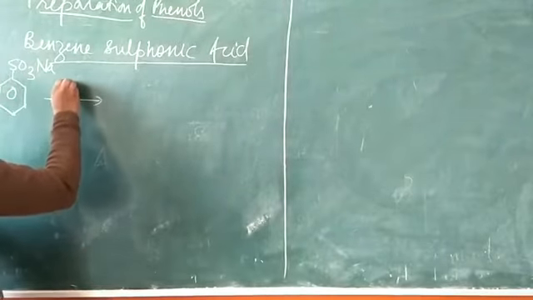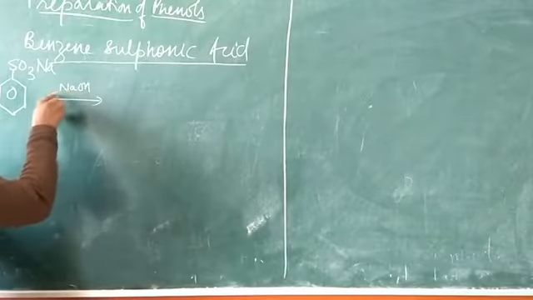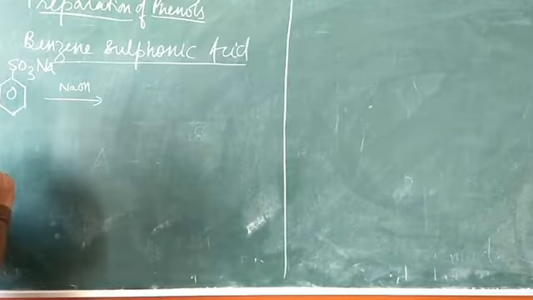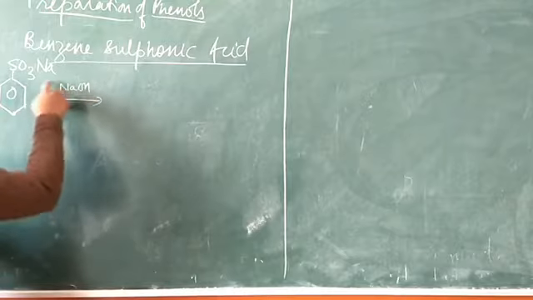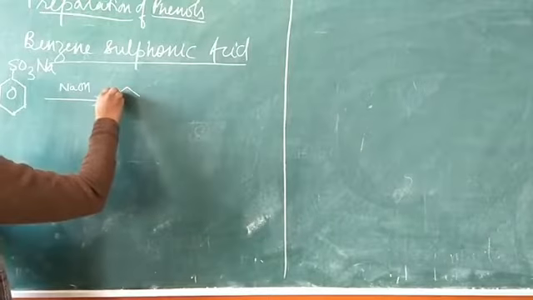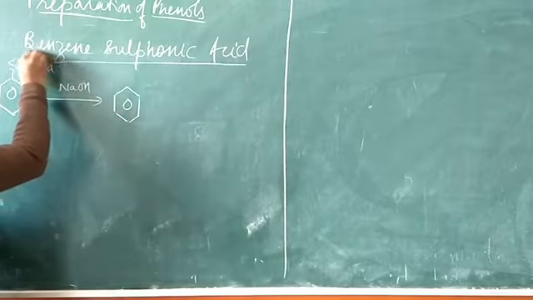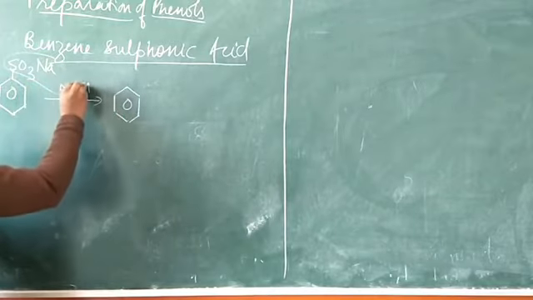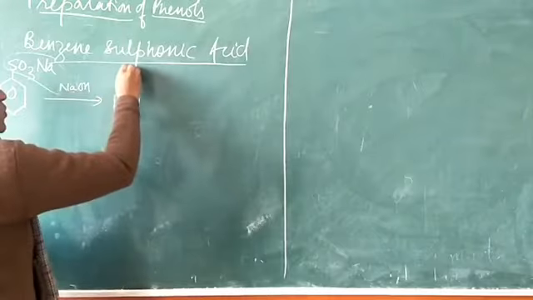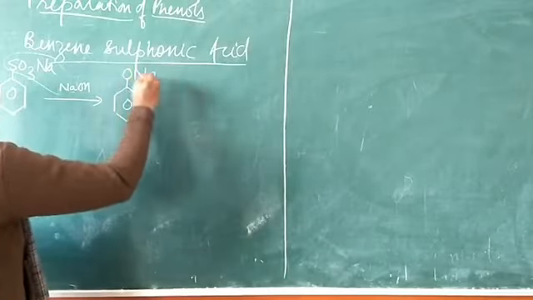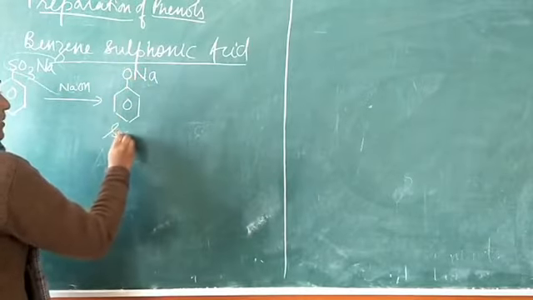Now, next we will get it reacted with NaOH, right? And we will obtain Na2SO3. That part will get removed and students, we will get sodium phenoxide at first step.